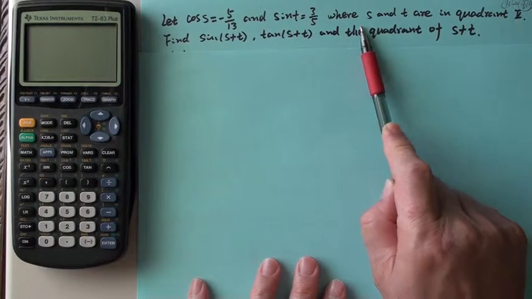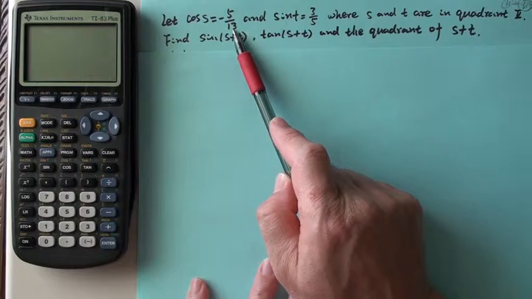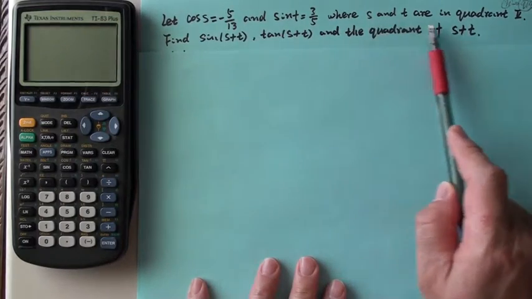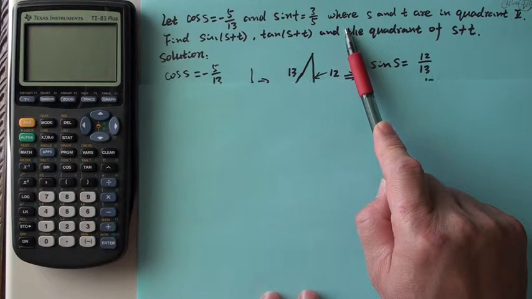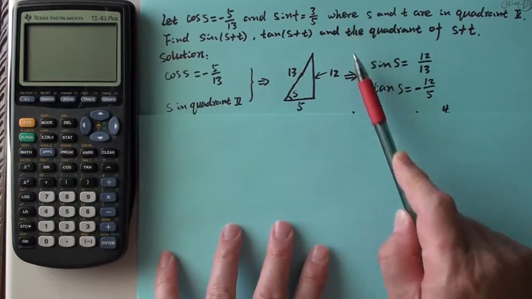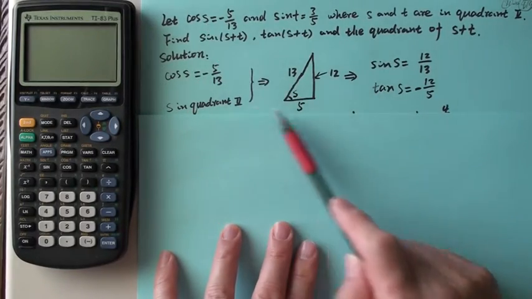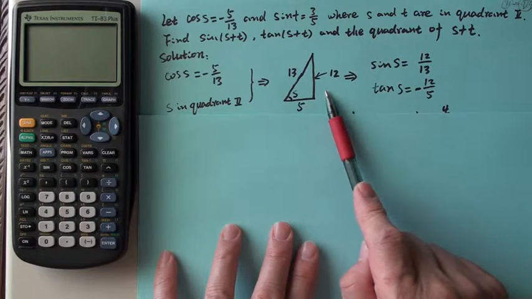Now, based on cosine s equals negative 5/13 and s in quadrant 2, you can find sine s and tangent s. And here is the way.